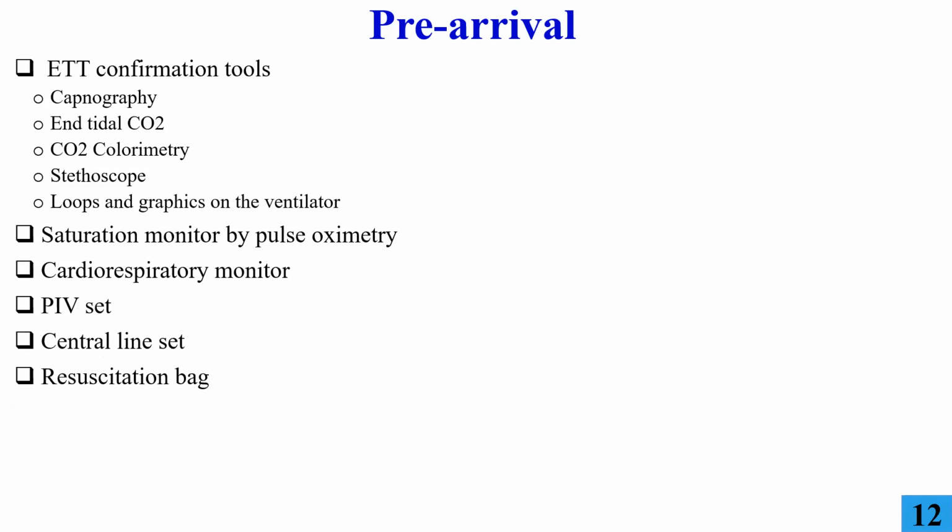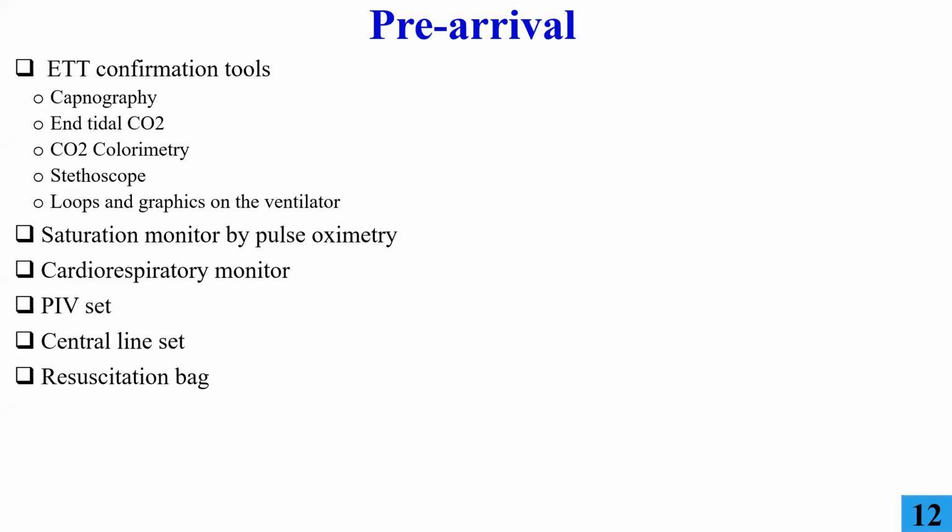We need tools to confirm correct placement of the endotracheal tube, which is capnography, that is continuous monitoring on a monitor of the CO2, or end-tidal CO2, which gives us the CO2 reading in a respiratory cycle at the end of exhalation.